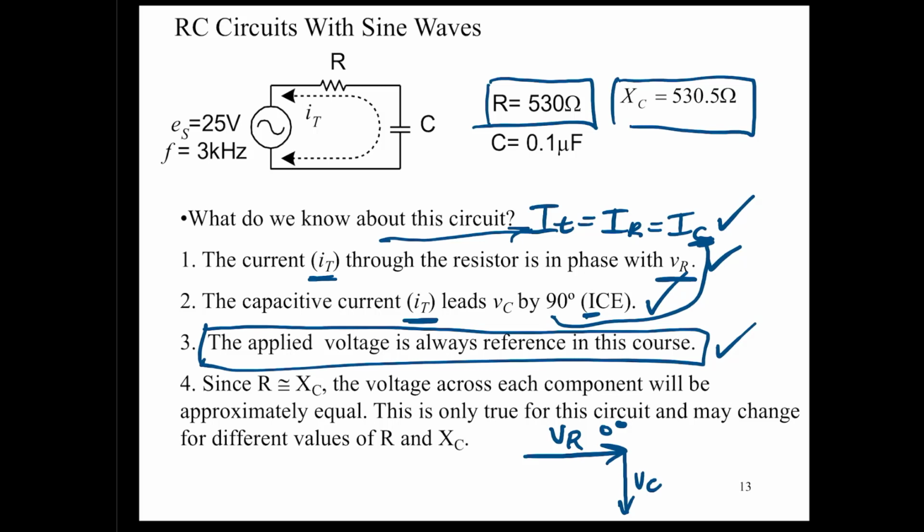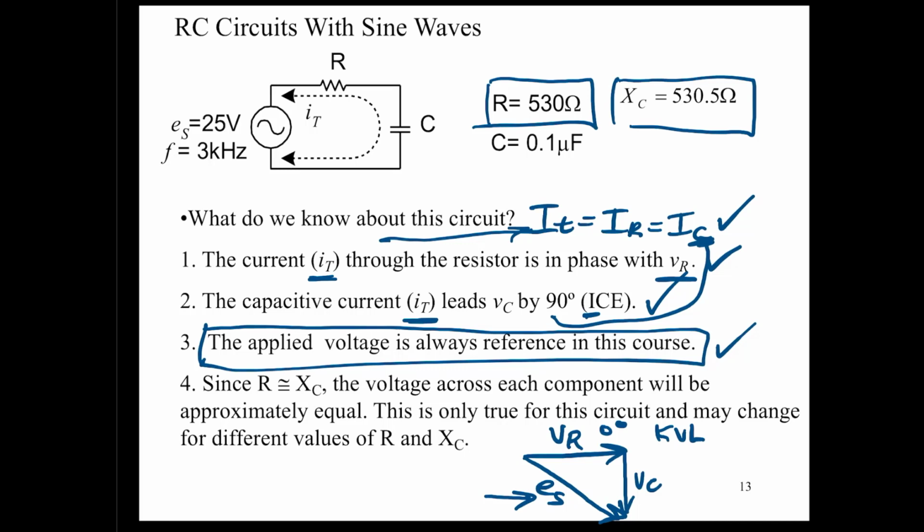And the sum of the two, which proves Kirchhoff's voltage law, means that the hypotenuse of this triangle is E source, right? So we have VR and VC giving us a voltage triangle for this circuit, and the total value when you add VR to VC equals ES, in this case 25 volts.